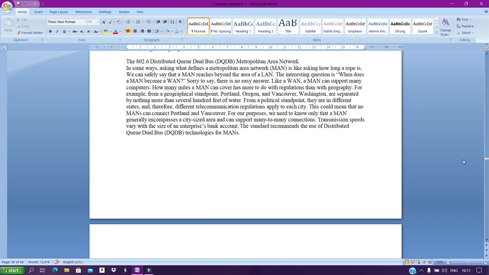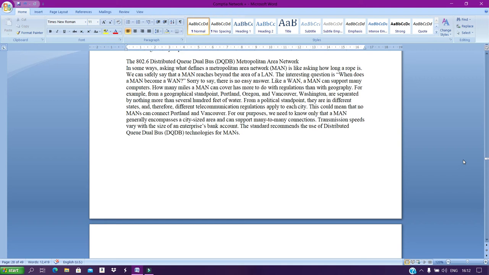How many miles a MAN can cover has more to do with regulation than with geography. For example, from a geographical standpoint, Portland, Oregon, and Vancouver, Washington are separated by nothing more than several hundred feet of water. From a political standpoint, they are in different states and therefore different telecommunication regulations apply for each city. This could mean that no MANs can connect Portland and Vancouver.